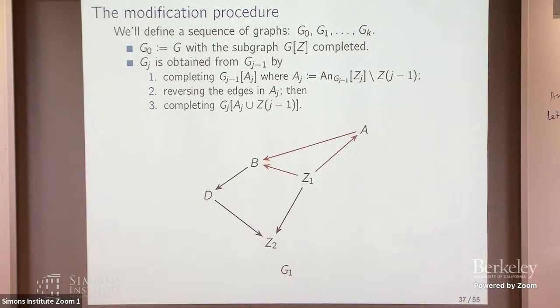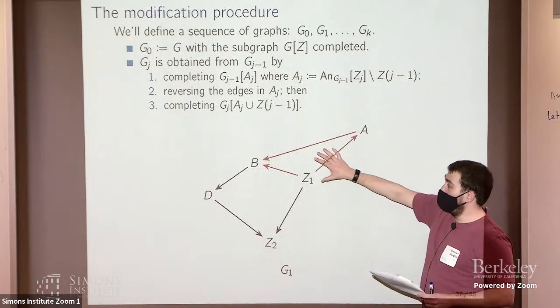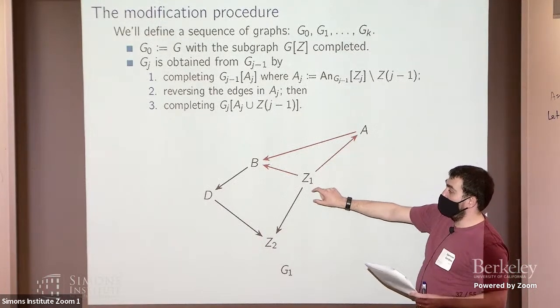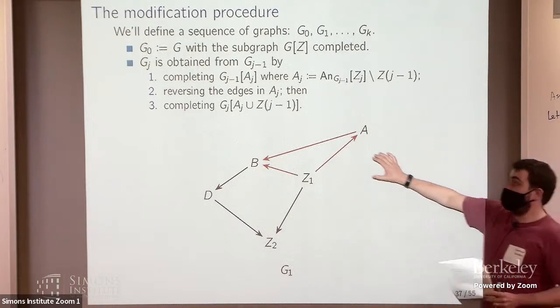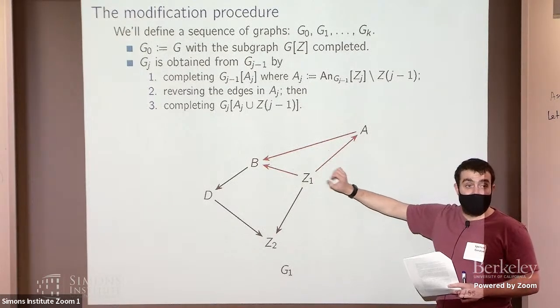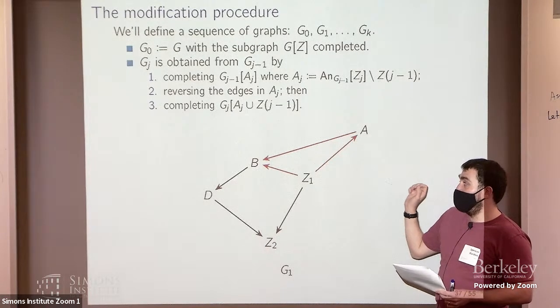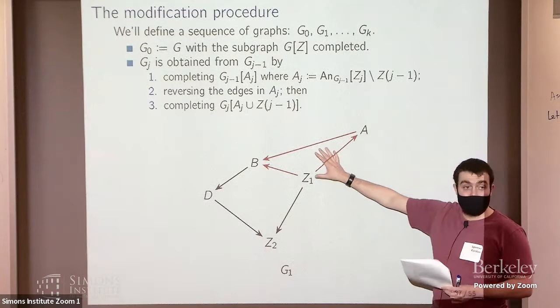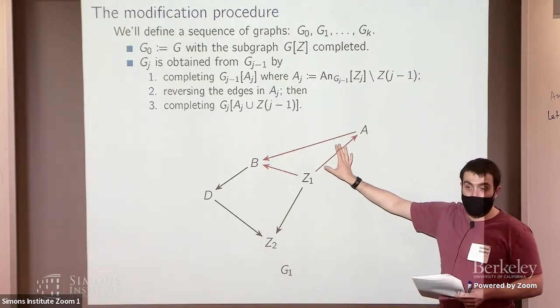In each step, I'm building a complete subgraph on some Z vertex and its ancestors. And a complete subgraph is consistent with every distribution, because I can just factor any distribution according to a complete subgraph by just applying the chain rule.